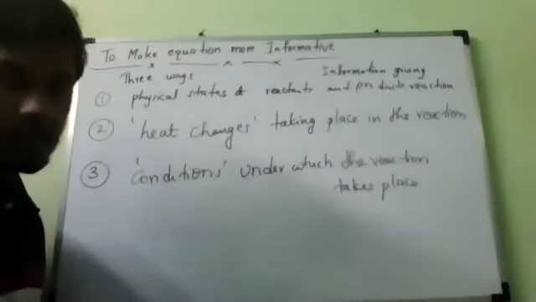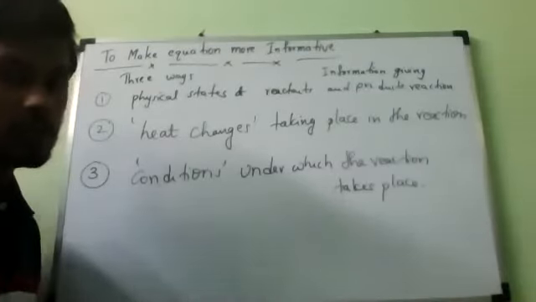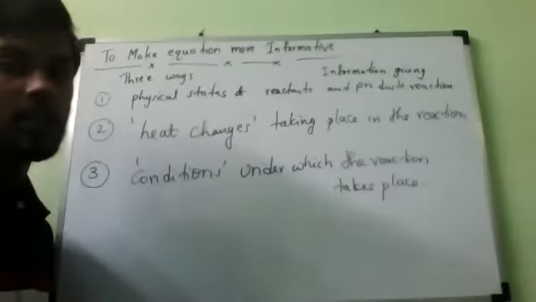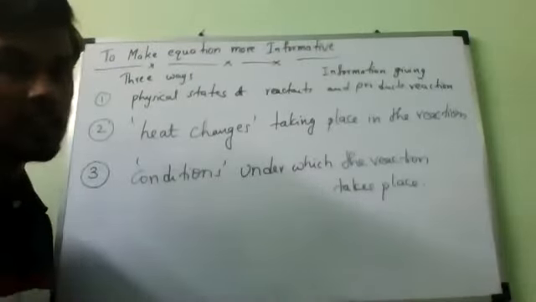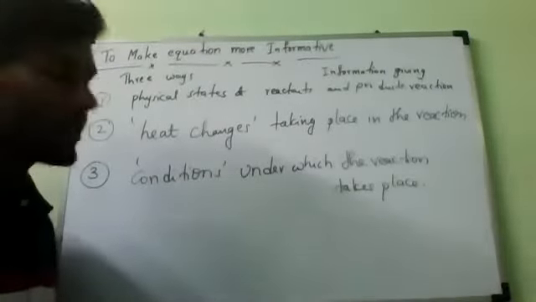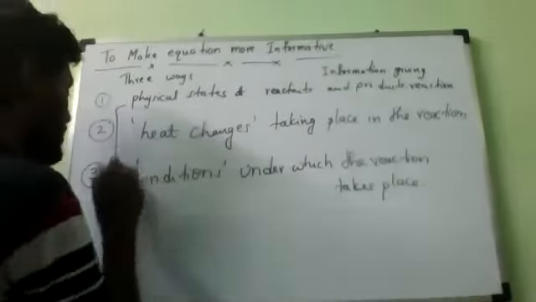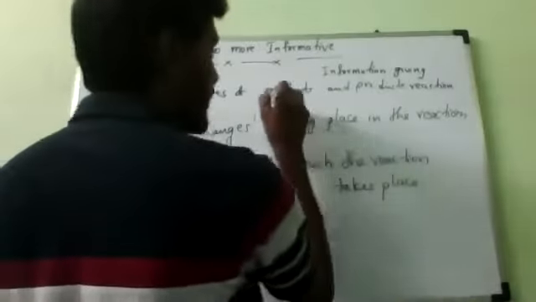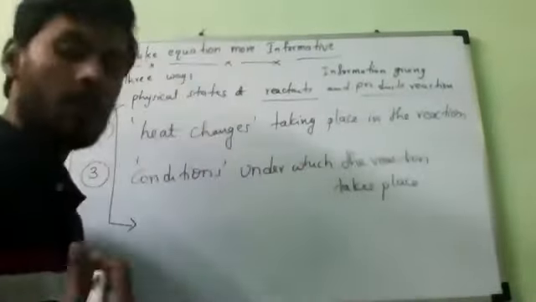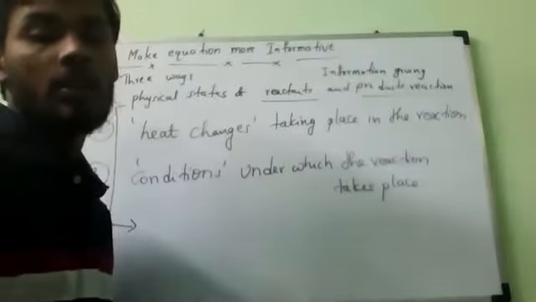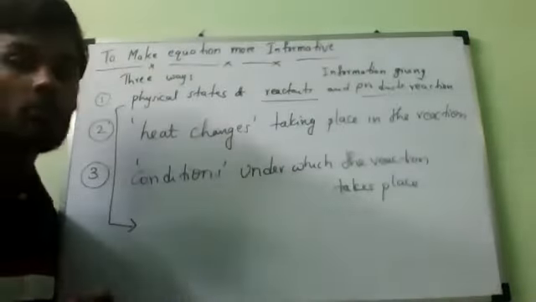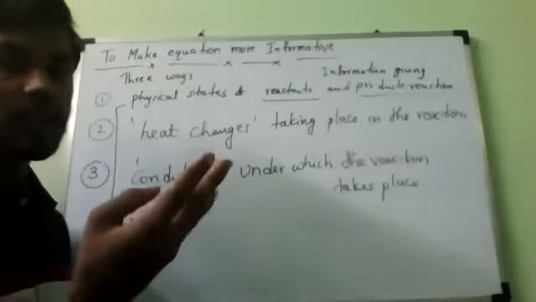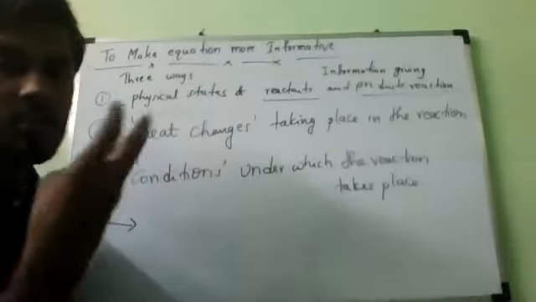Now, if you observe, the first one is physical states of reactants and products. Let us explain this one first. As we know, in chemistry, in any kind of reaction, matter will be present in three states: solid, liquid and gas.